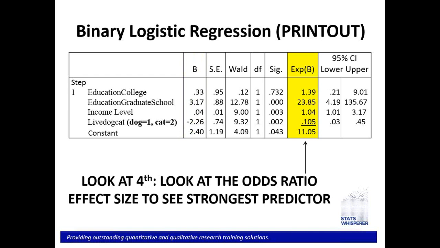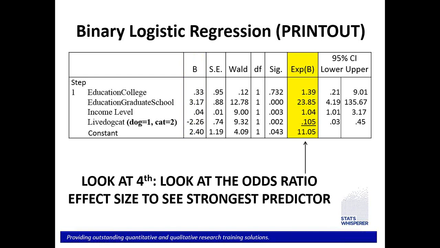So the first thing we see, the first odds ratio that's statistically significant is the education graduate school. And the odds ratio, which is the exponent beta, EXPB, that's the odds ratio, is 23.85.